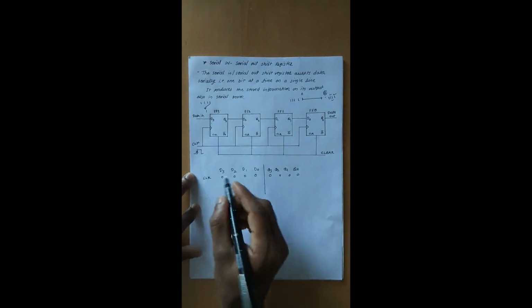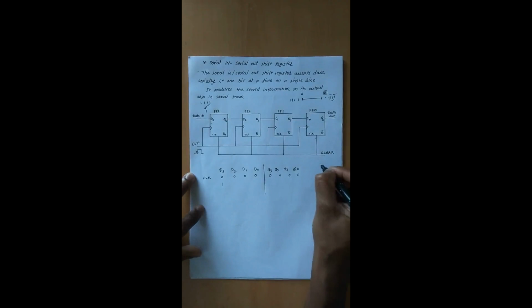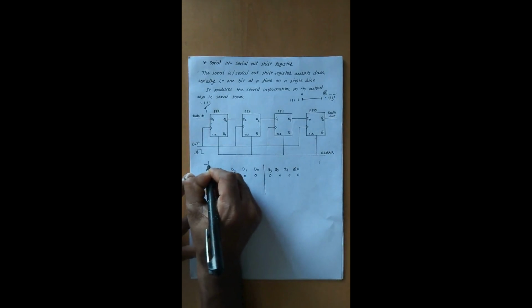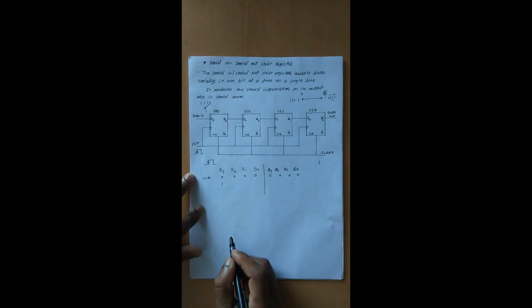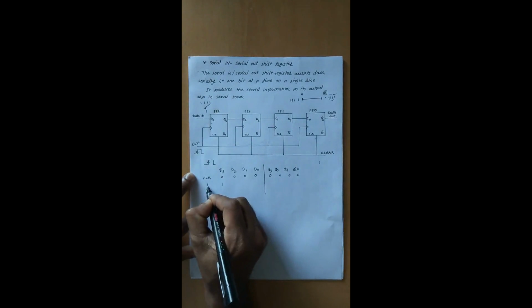What is the value of D3? It is 1, and the first clock is applied at the rising edge. What happens when D3 is 1 and we apply the first clock pulse, which is positive edge triggered?